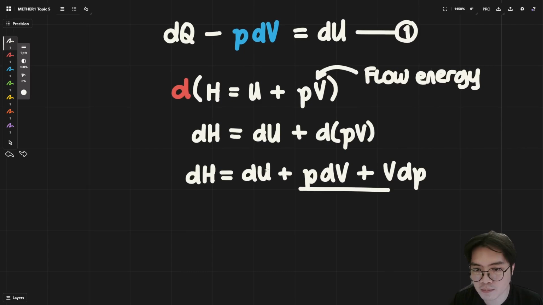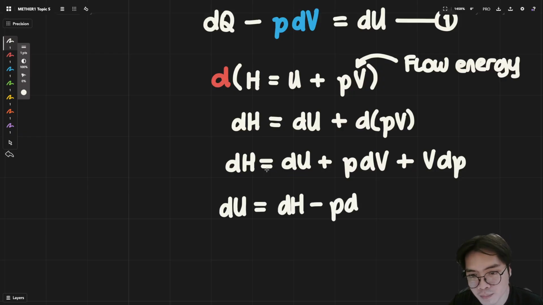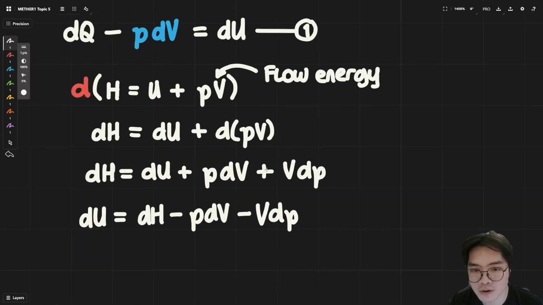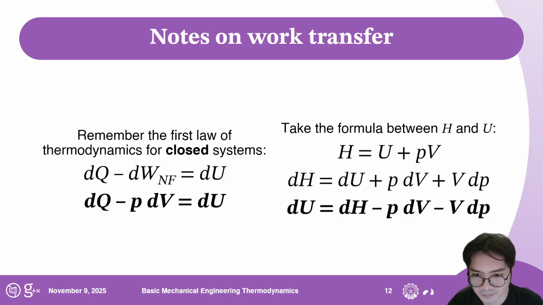Let's try and move both of these terms to the left. We will have du is equal to dH minus PdV minus VdP. That is now our equation 2.